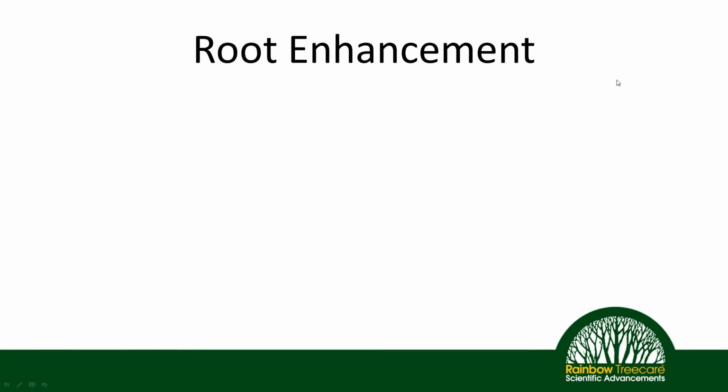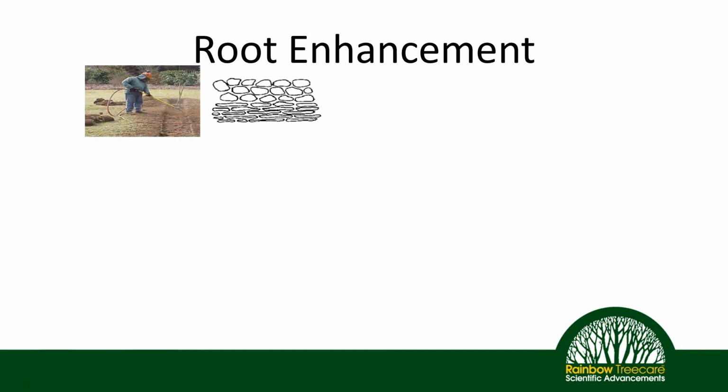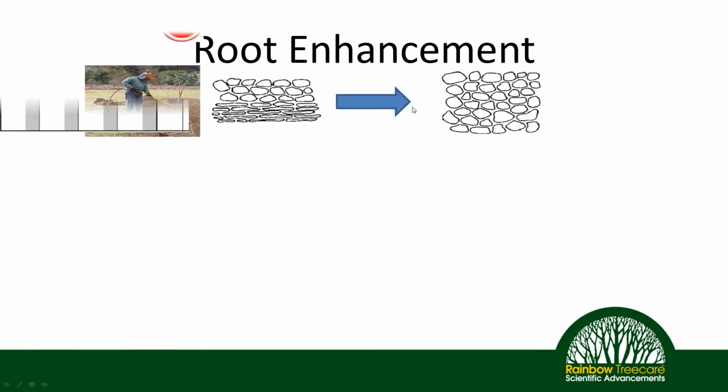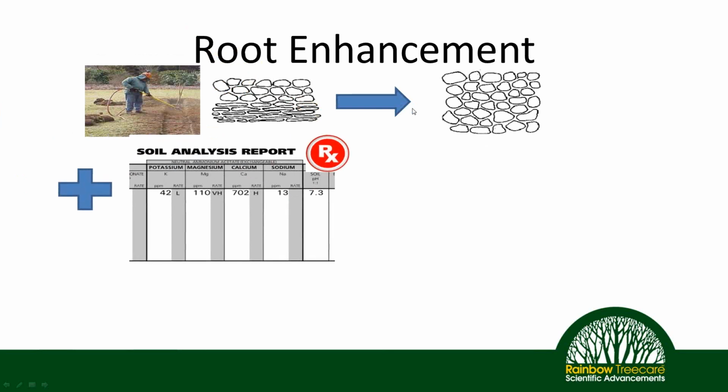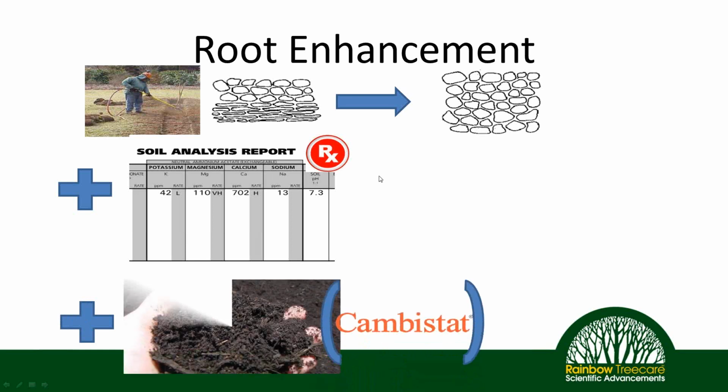Now, you could also go and you could do the full-on treatment, which we call root enhancement. So this would be a process of decompacting the soil, taking a soil analysis and actually adding in prescription fertilization on top of your decompaction, combining that with the incorporation of composted organic material, and it's important that this be fully composted organic material to help rebuild soil structure and fill in and coat these soil particles so they don't recompact.